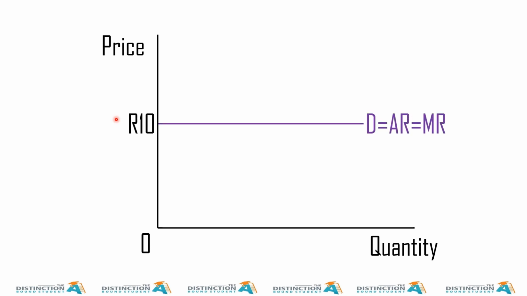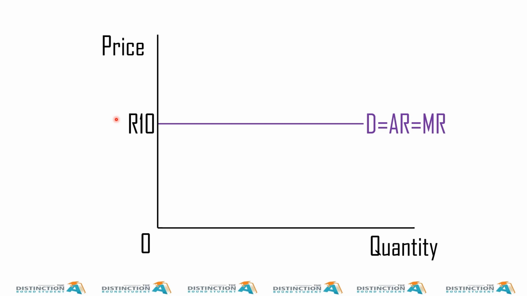The price of 10 rand is coming from the industry, and it's determined by market forces of demand and supply. The product sold by a perfect competitor is homogeneous, as we all know, and so this individual is a price taker.